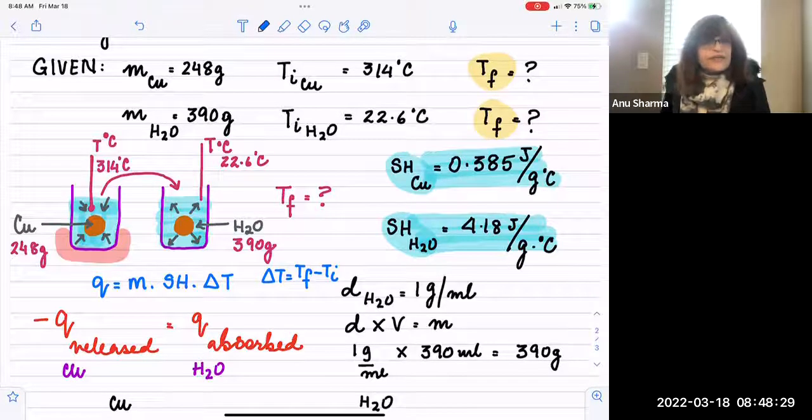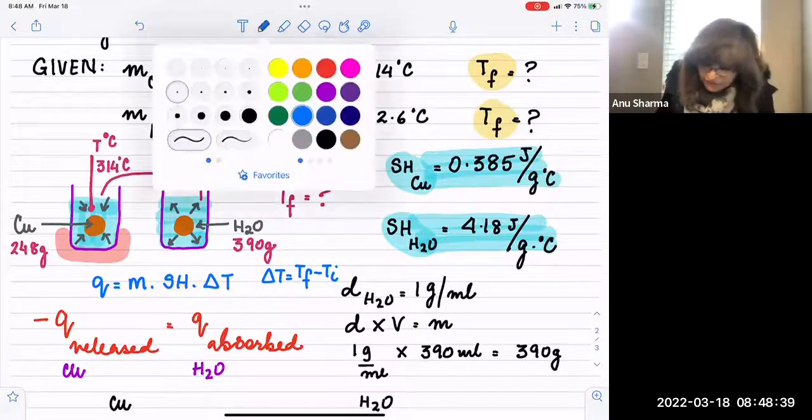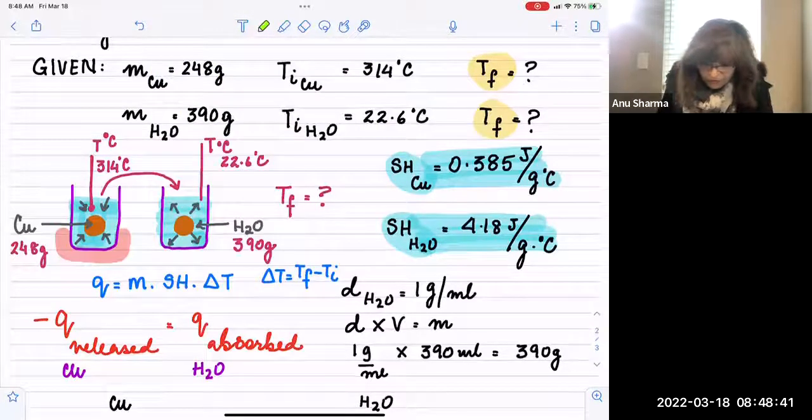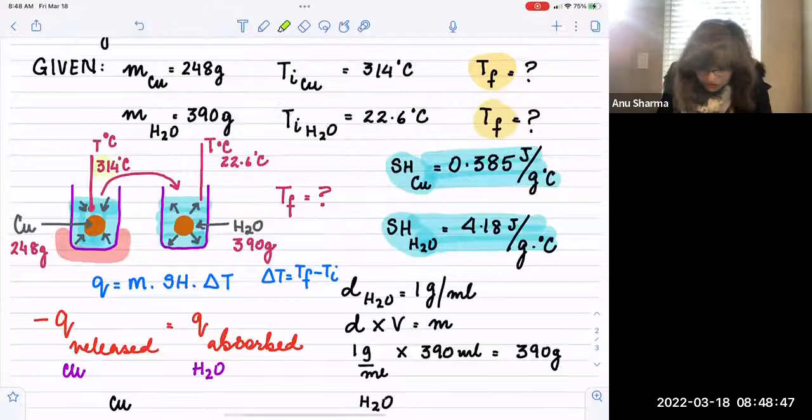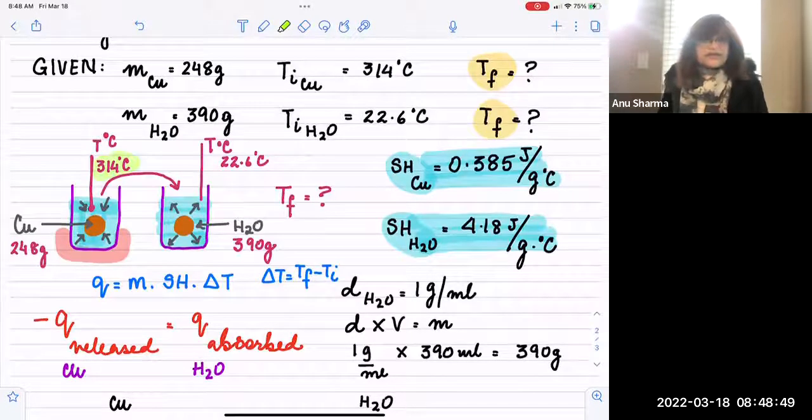If the mass of the copper absorbs some amount of heat, its temperature rises. The temperature is an indicator of how much heat is there, and it depends upon the capacity of the object to absorb the heat.